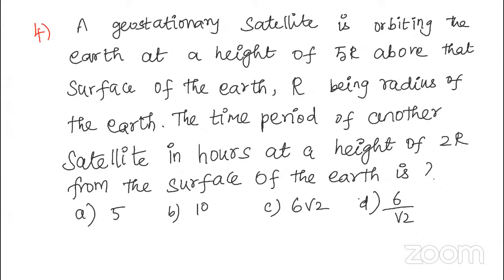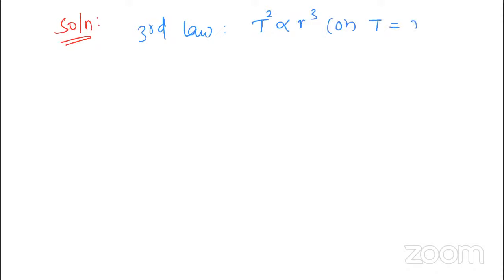So keep in mind that they are given the values 5R and R. For the solution of this question, from Kepler's third law, T squared is proportional to R cubed, or T is proportional to R power 3 by 2.